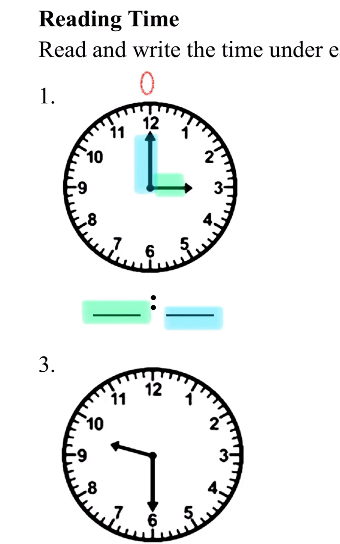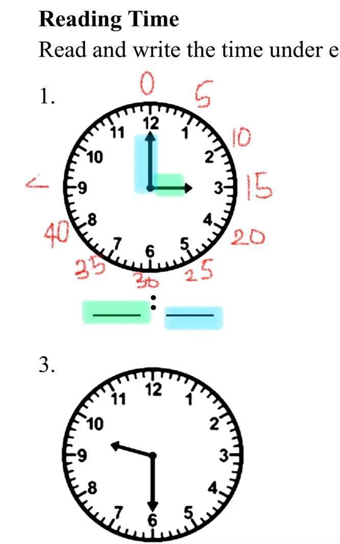So 0 plus 5 is 5. 5 plus 5 is 10. 10 plus 5 is 15. 15 plus 5 is 20. 20 plus 5 is 25. 25 plus 5 is 30. 30 plus 5 is 35. 35 plus 5 is 40. 40 plus 5 is 45. 45 plus 5 is 50. 50 plus 5 is 55.